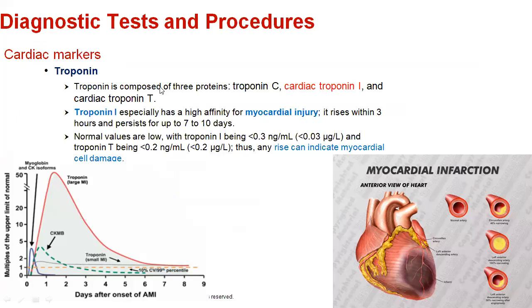Here we are going to find out the expected range and duration of the elevated level of the cardiac enzyme. So cardiac marker or cardiac enzyme, they are released in the bloodstream in response to ischemia of the heart muscle.